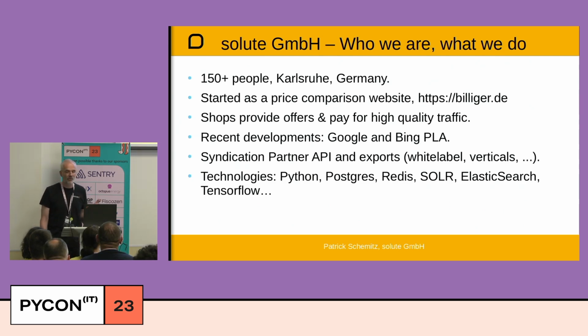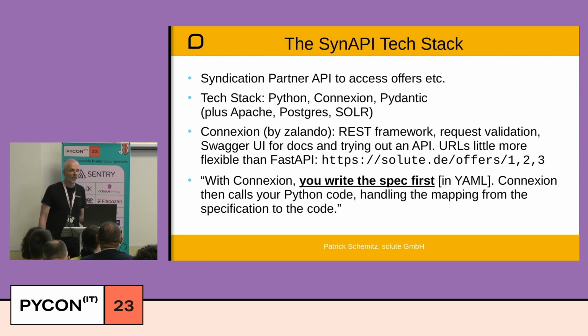There is, of course, some JavaScript on the website, but everything else is Python. So, as I said, Python company, the syndication API uses a REST framework called Connexion. In conjunction with Flask and Apache, we use Pydantic for data models and mostly Postgres for storage. There's also some Redis flying around and Solr for search.